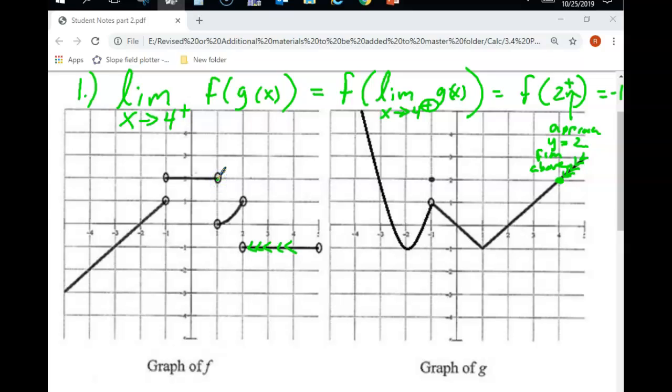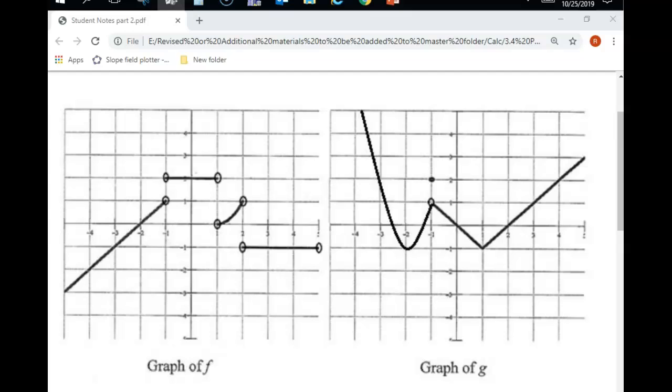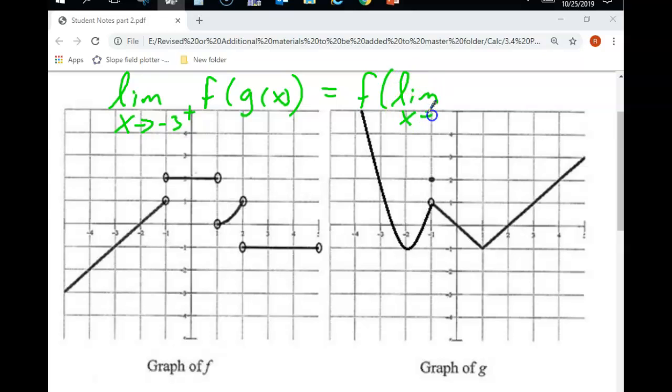All right. So let's go ahead and look at the next one. The limit as x approaches -3 from the right of f of g of x. Once again, we're going to slide the limit onto the inside here.